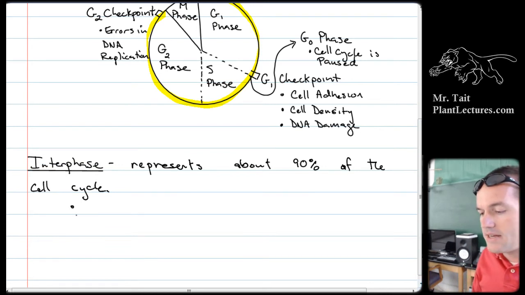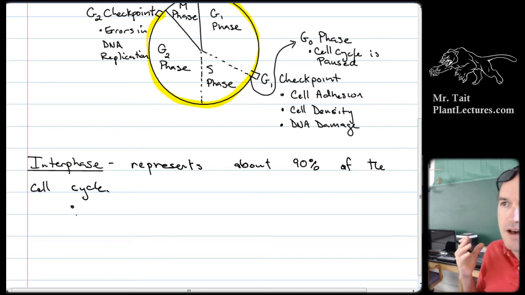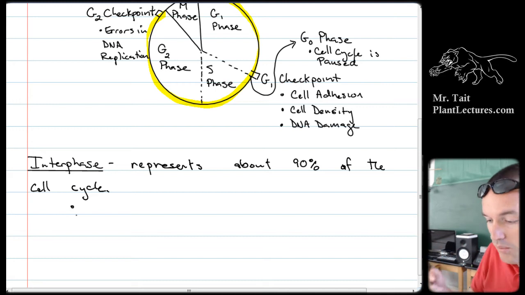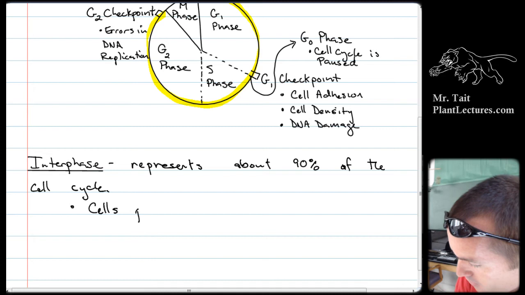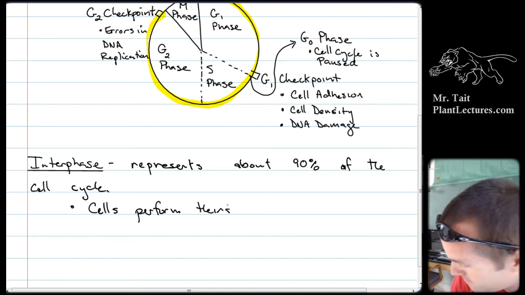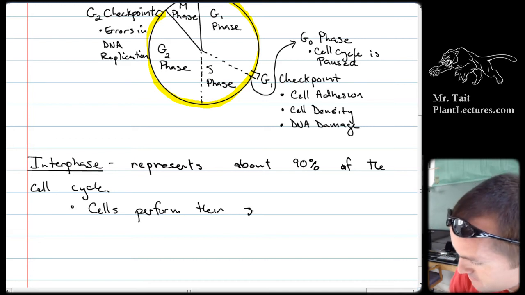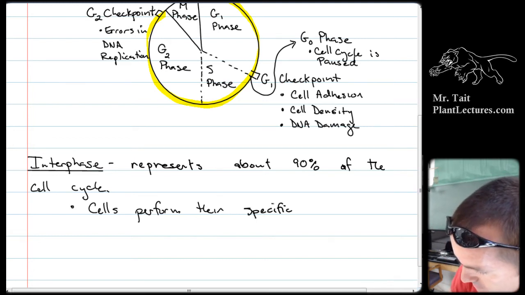First of all, we say that interphase is really the time in which the cell is doing whatever its job is, doing its cellular work. Okay, so cells perform their specific tasks while in interphase.